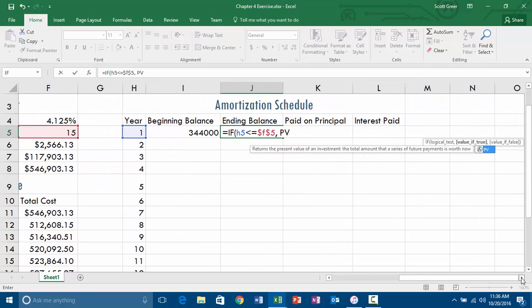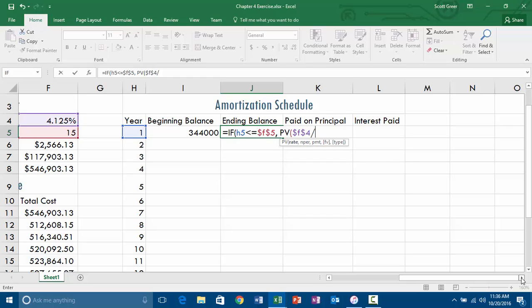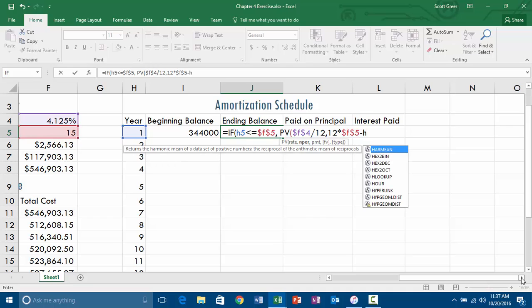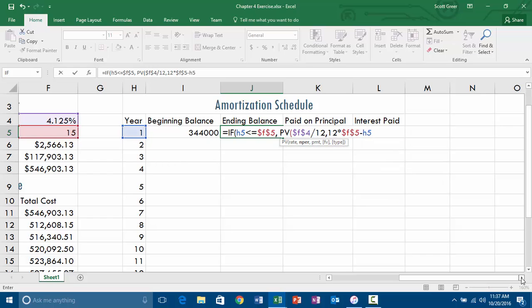The present value of, parentheses, absolute F, absolute 4, divided by 12, comma, 12 times absolute F, absolute 5, minus H5, not absolute. And you know what? I'm so sorry because that's supposed to be in parentheses. So parentheses.